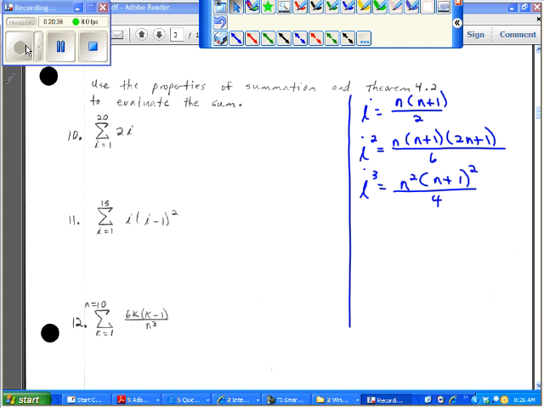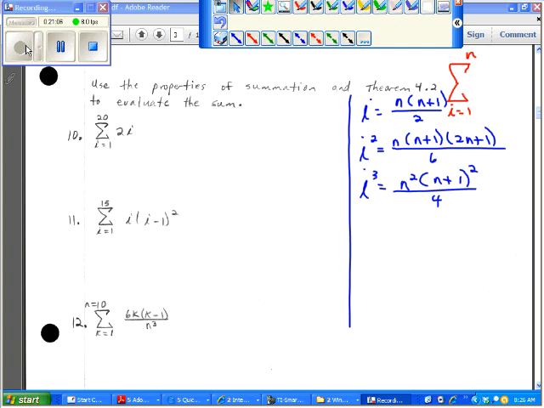Now, we would have all that summation stuff in front of it, okay? So this would go in front of all of those. The sum as i runs from 1 to n.